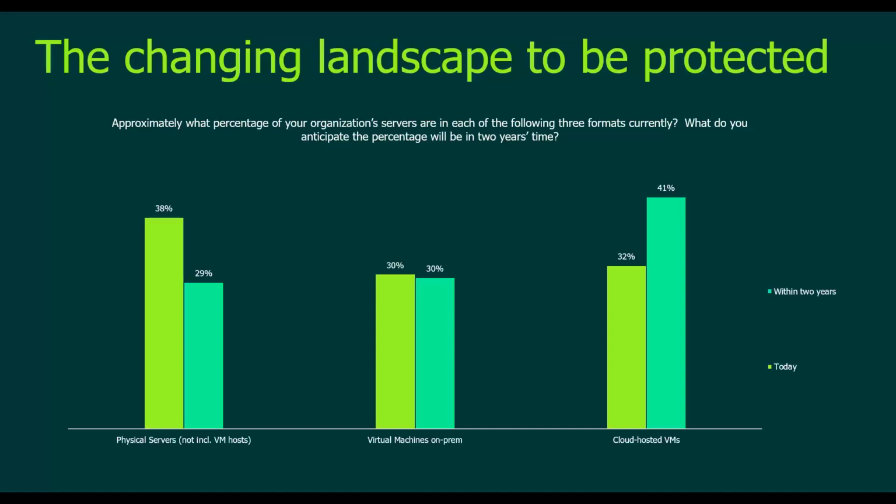If you see, this is also the outcome of the same report. We asked customers and organizations globally how they see their workloads in the next couple of years compared to today. And as you see, for virtualized environments they expect to keep pretty much the same, but what changes is the balance between physical servers and cloud hosted VMs.